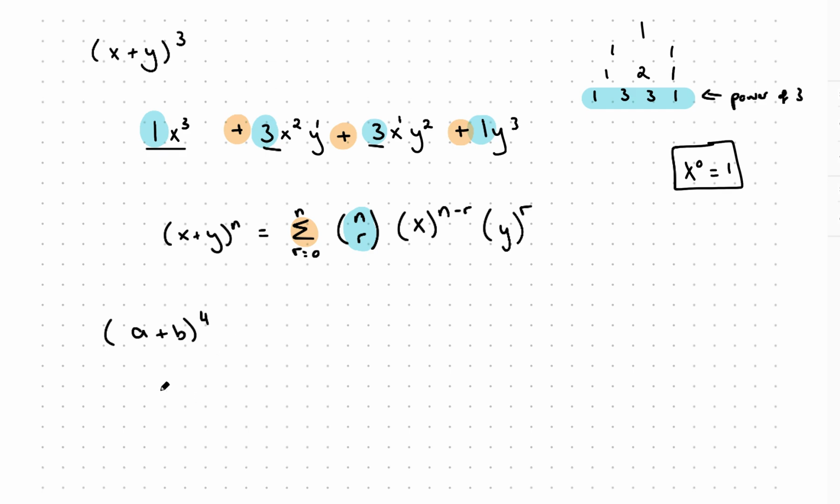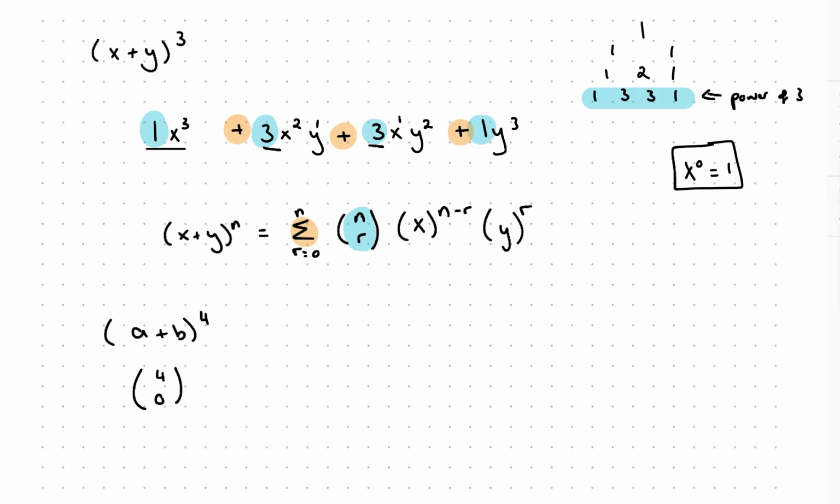So how I'm going to do that is using this formula. The sum of just means add, so I can leave it blank for a second. I'm going to have 4 choose 0, because I start with the R as 0. My n is the 4, whatever I'm raising it to the power of. So 4 choose 0, x to the power of n minus r. In this case, our x is actually a.